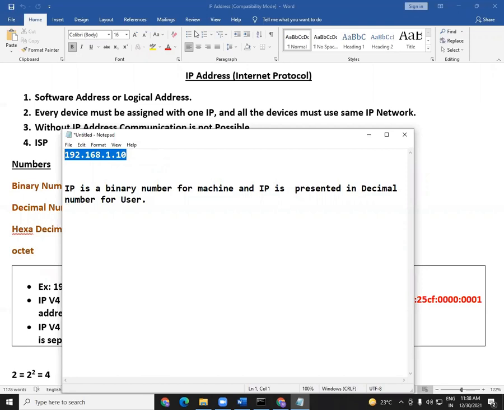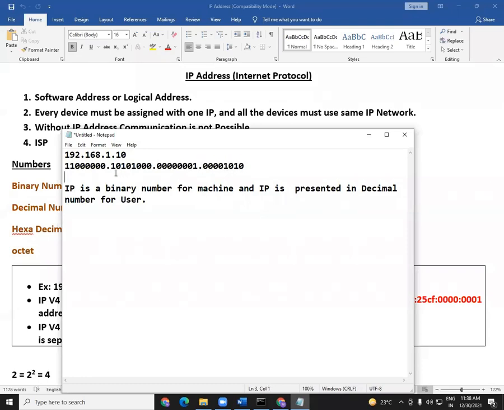192.168.1.10 is in decimal. But you know what will be the binary? This is actually binary.